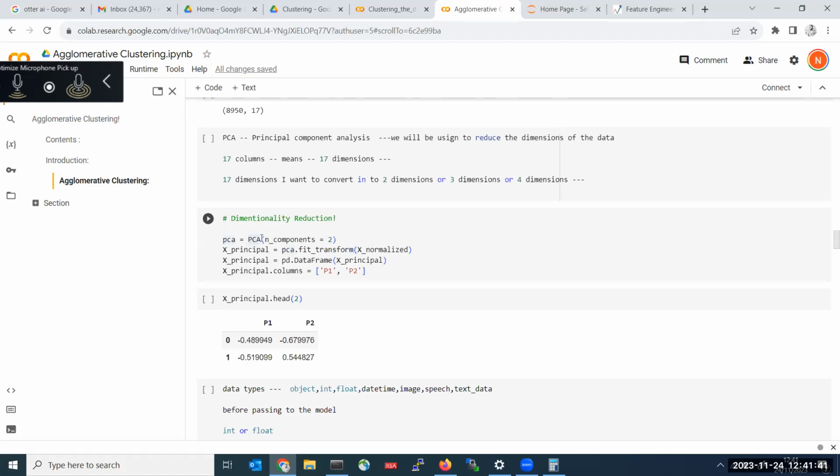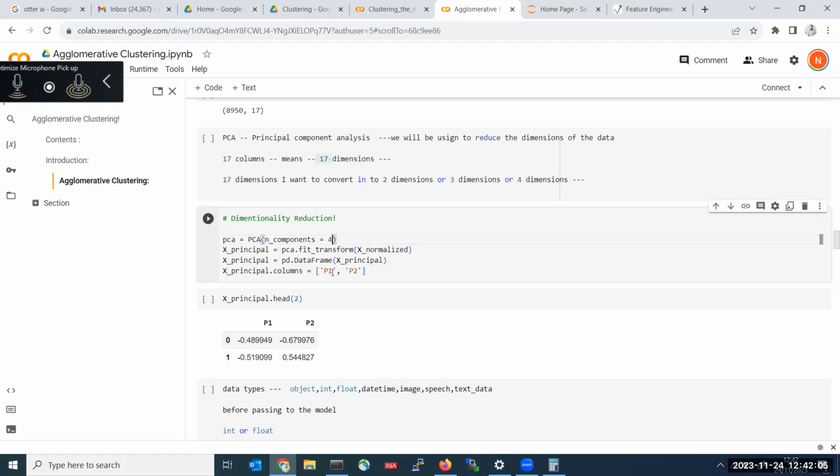I just need to import the library, and provide the parameter called number of components. Number of components means it is trying to reduce my 17 columns into 2 columns. If I use 3, it will reduce into 3 columns. If I use 4, it will reduce into 4 columns.